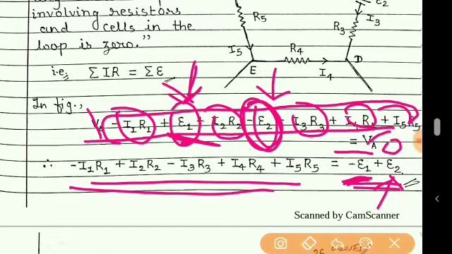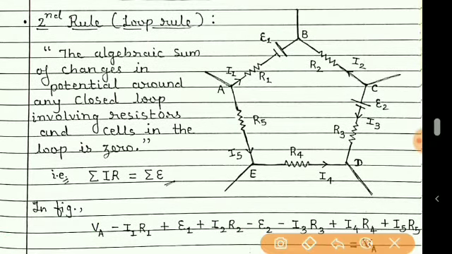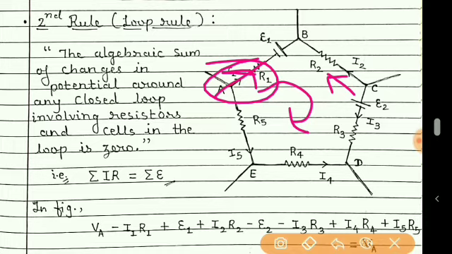So we can remember this in short as: during the motion either clockwise or anti-clockwise, here we are moving clockwise, so in the direction of current IR is negative, and if the current is moving in the opposite direction and we are moving in this direction, then the IR term will be positive.